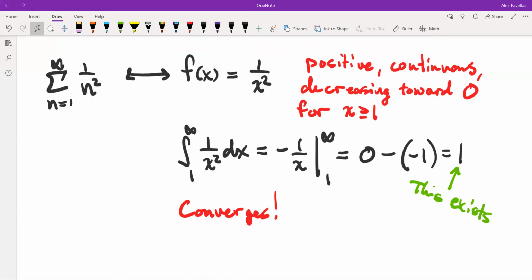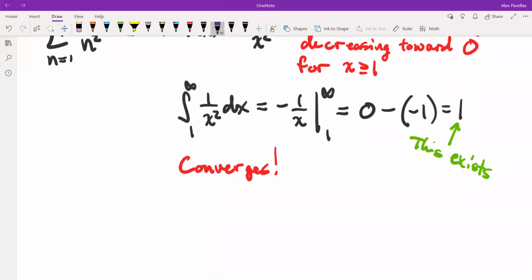Okay, cool. So now I should note that the value of the sum is not the same thing as the value of the integral. So important note.